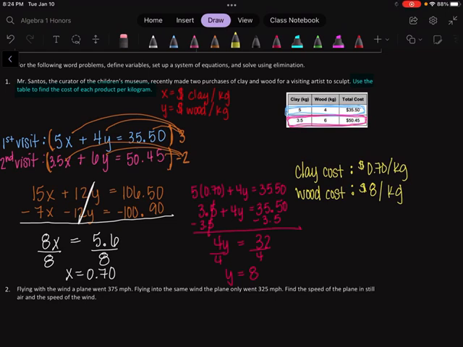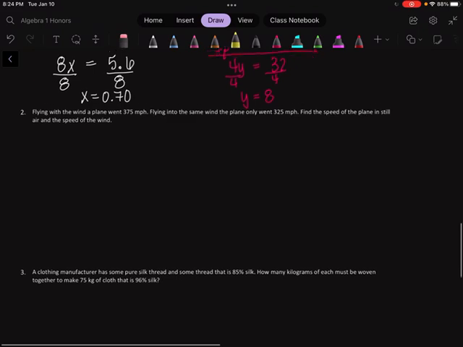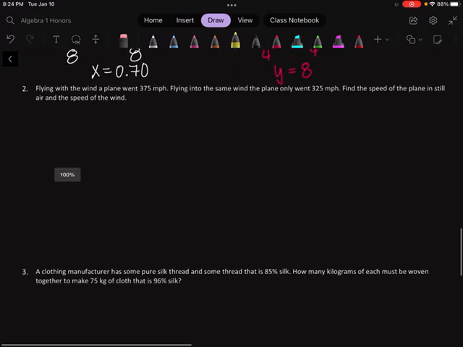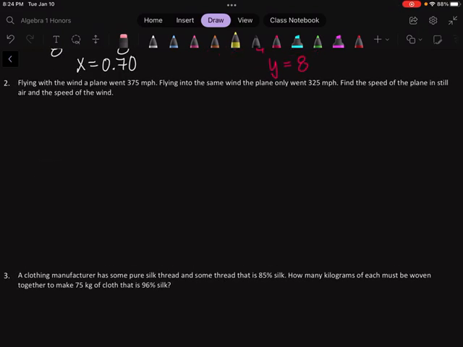All right, the next one. You might look at it and be like, what in the bananas is this? Flying with the wind, a plane went 370 miles per hour. Flying into the same wind, so that means against the wind, the plane only went 325 miles per hour.